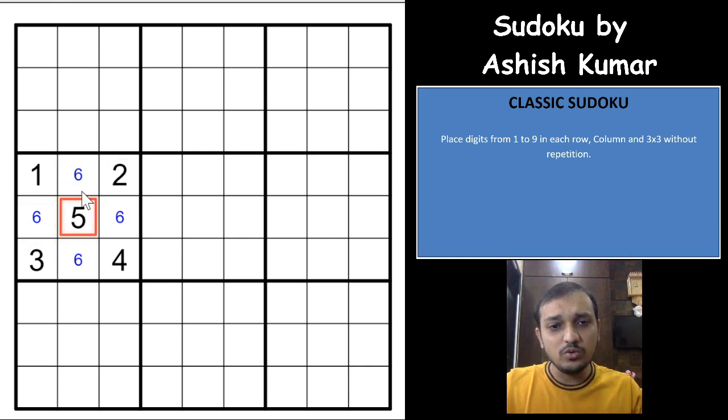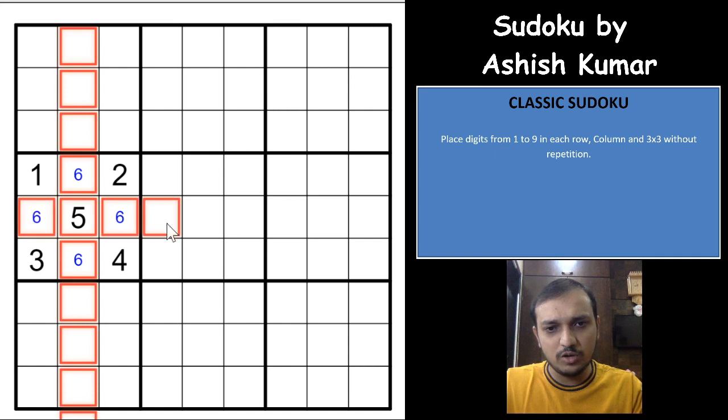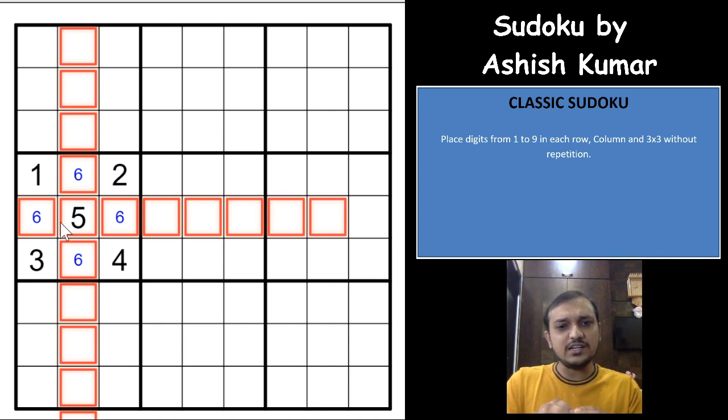Now if you see here, whenever you have a candidate possibility in a box that is confined to one row and one column, the 6 can only be in either this row, this column, or this row, right? So it's kind of a box technique. Empty rectangle techniques usually work in a box, not in a row or a column.